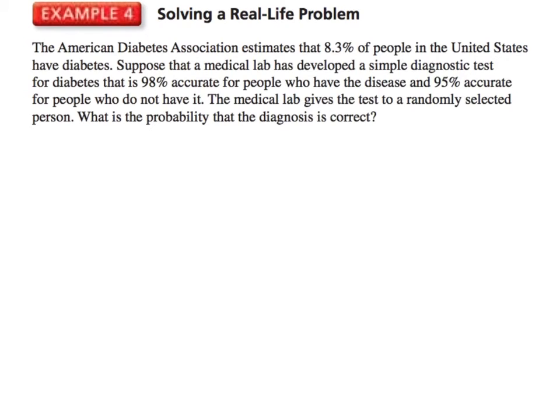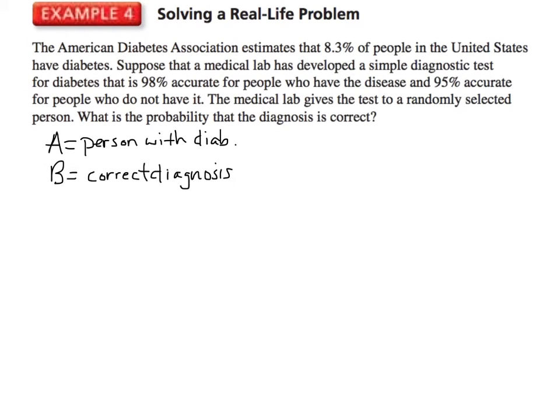Well, we have to figure out what probability of A and B would be. So I'm going to let the event A be a person with diabetes. B is going to be a correct diagnosis. Now, the probability of B depends on the occurrence of A. So these are dependent events. So what does it say?